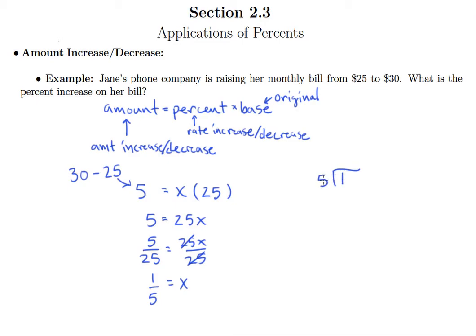But if that doesn't come to your mind, you of course say 5 goes into 1 0 times, add a decimal, 5 goes into 10 twice. And so we get 0.2 as our x, but of course we convert that back into a percentage, and so her bill increased by 20%.